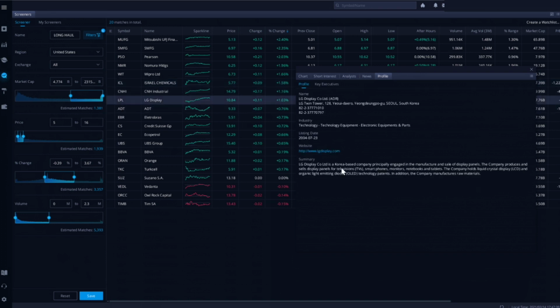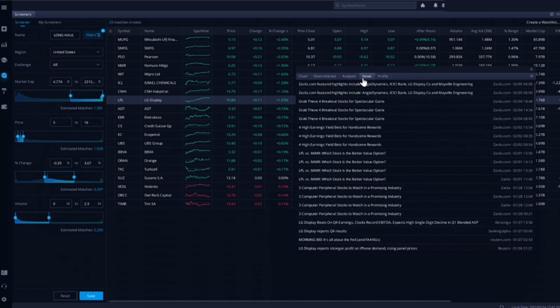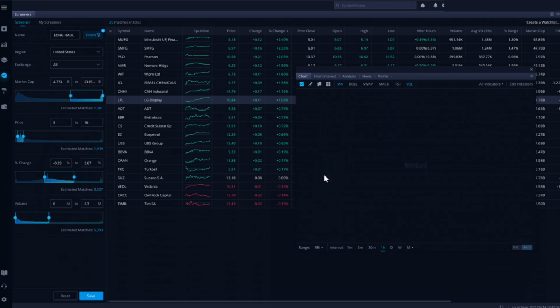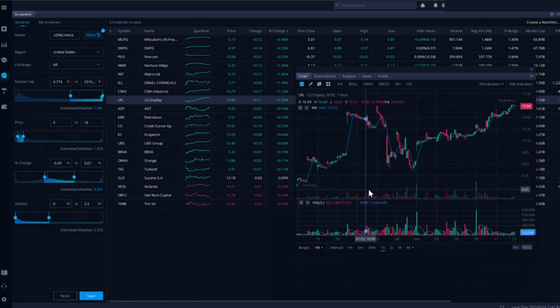LG, huh? Korea, refrigerators and manufacturers sell display panels. I mean, is this really LG? LG Display Company on February 5th. It's kind of old news at this point. In fact, if we go back a month to hit the 5th, I guess. February 5th.